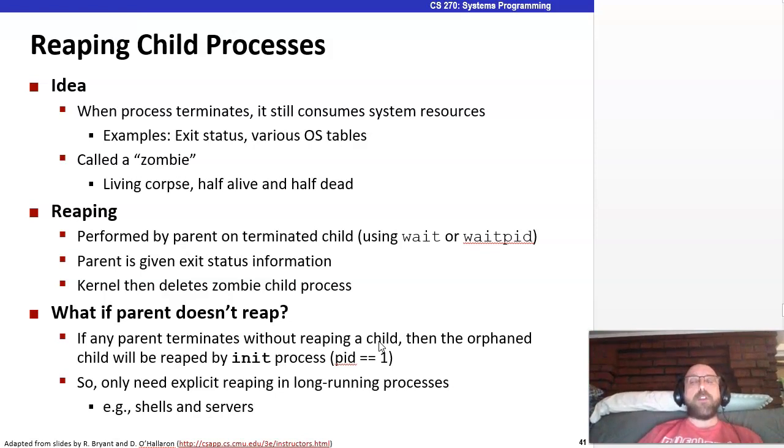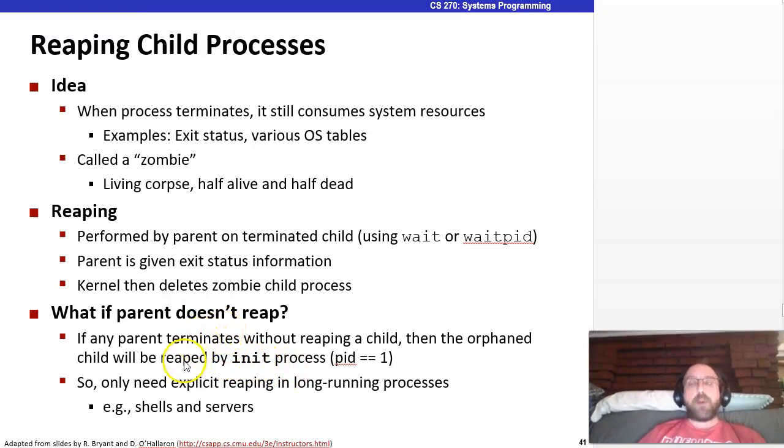If your parent process terminates, the kernel changes your parent process to be a particular process, init, which has the process ID 1. It's the program that starts up when the system first boots. So if the parent process isn't running for a very long time, then the child is going to be eventually reaped by that init process, and well, we don't have to worry about it anymore.